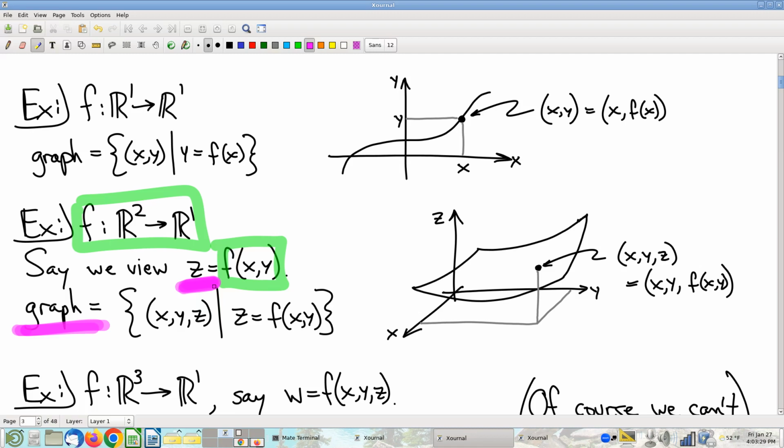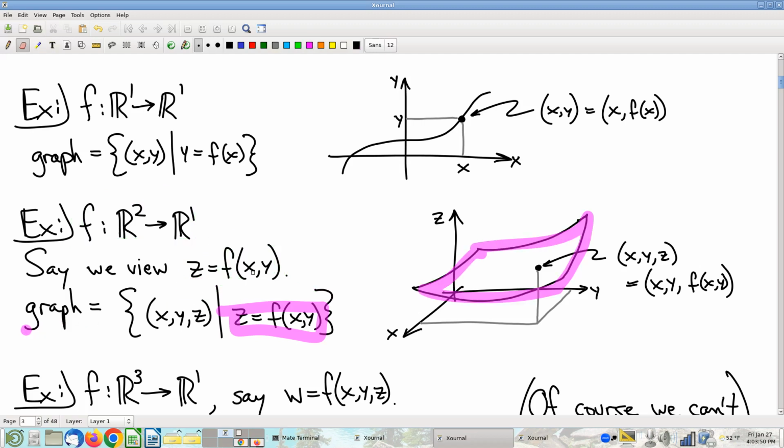So I had x and y as my inputs. I got this function called f. So I can talk about f of x comma y. Those output values we're going to choose to name them z. And in so doing, you write down this equation, and that equation defines your graph. And so surface. Okay. All right, here's another way to think about it. And this is really all the same stuff, just kind of said in a different way.